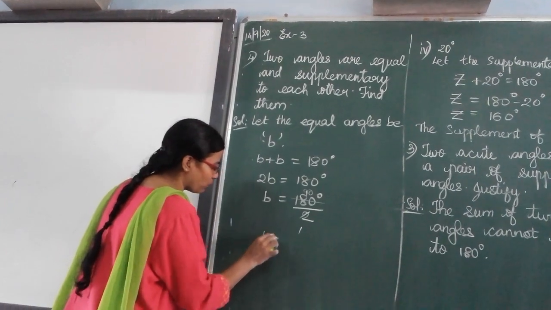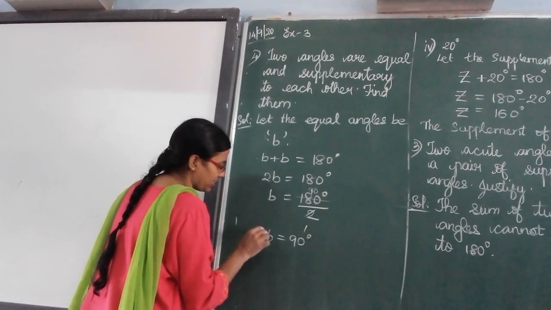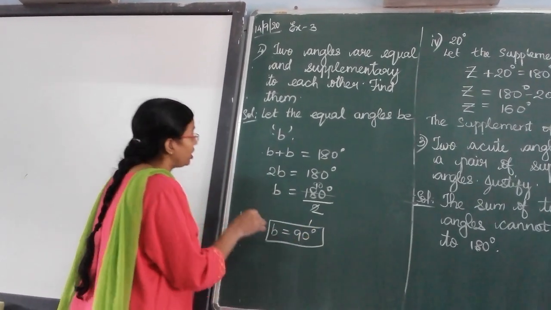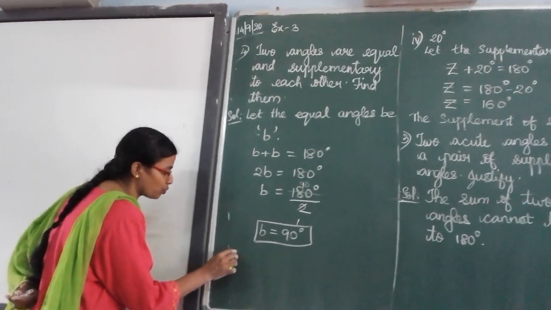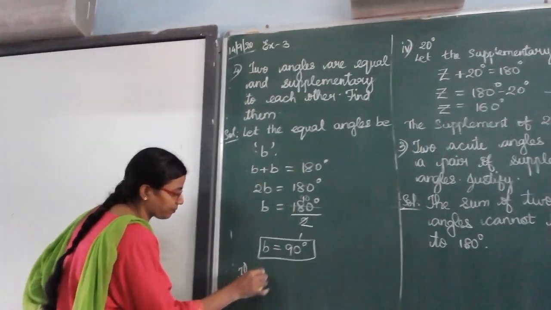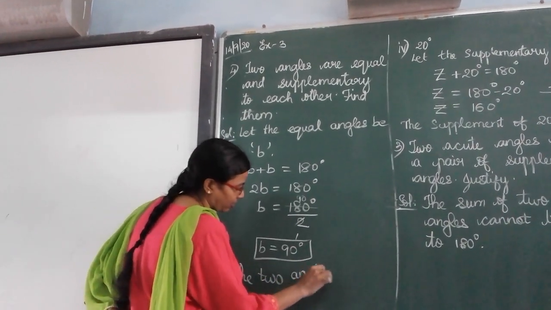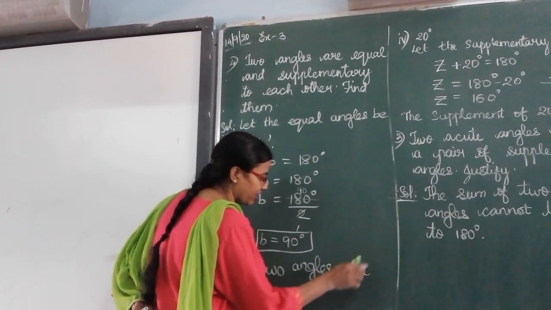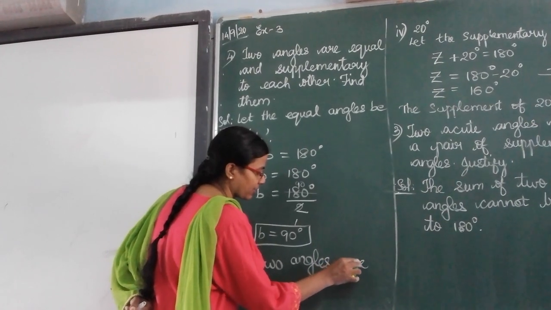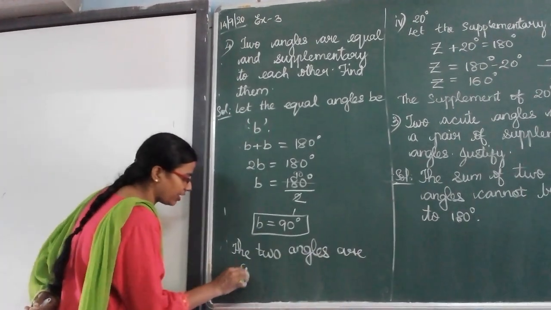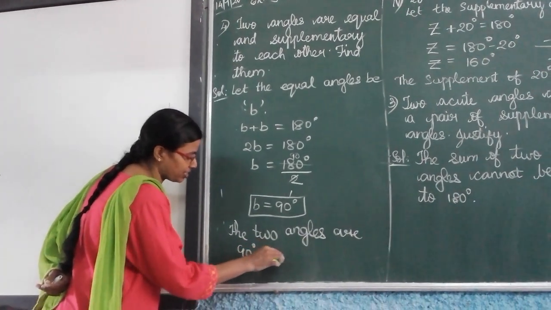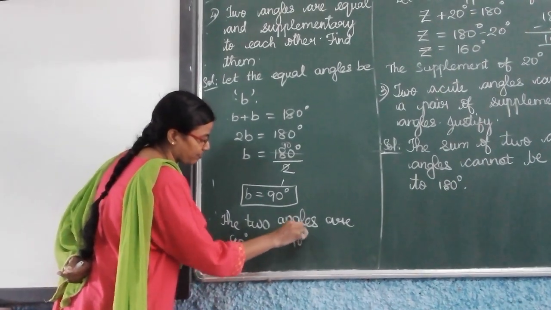So B is equal to 90 degrees. So you need to write the angles. The two angles are 90 degrees and 90 degrees.